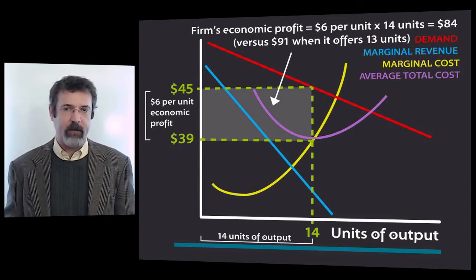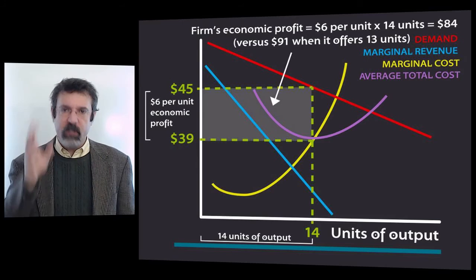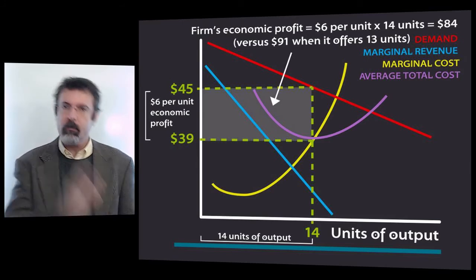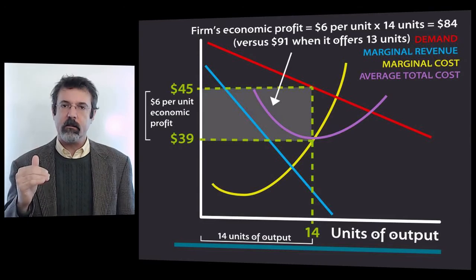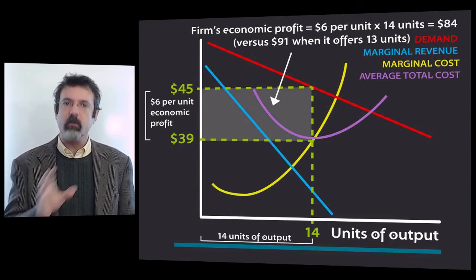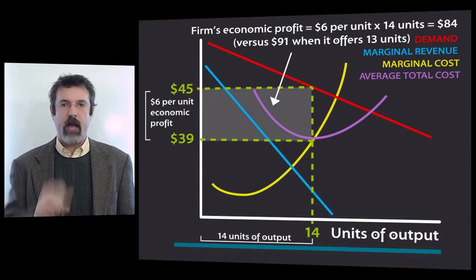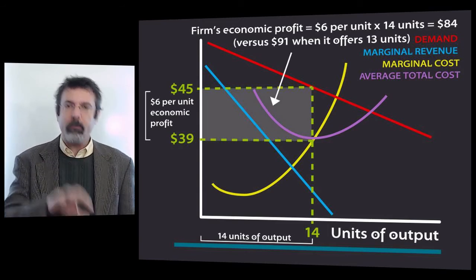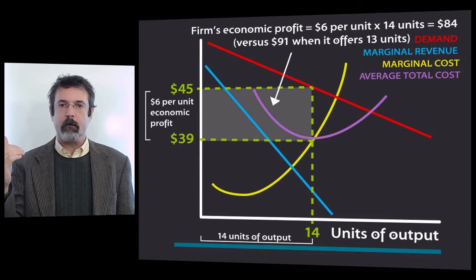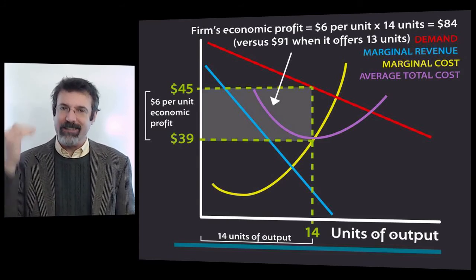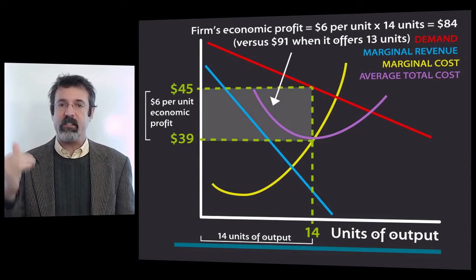So why is this happening? What's happening is we're focusing only on one thing, which is as the monopoly increases its output, its cost per unit declines. While this is true, it's only half the story. The other half of the story is when the monopoly increases its output, it drives the price of its product down. So now it's earning less money for each unit that it sells.